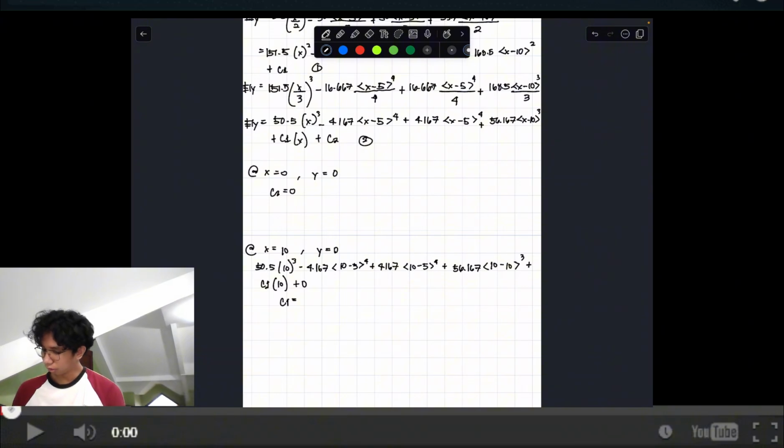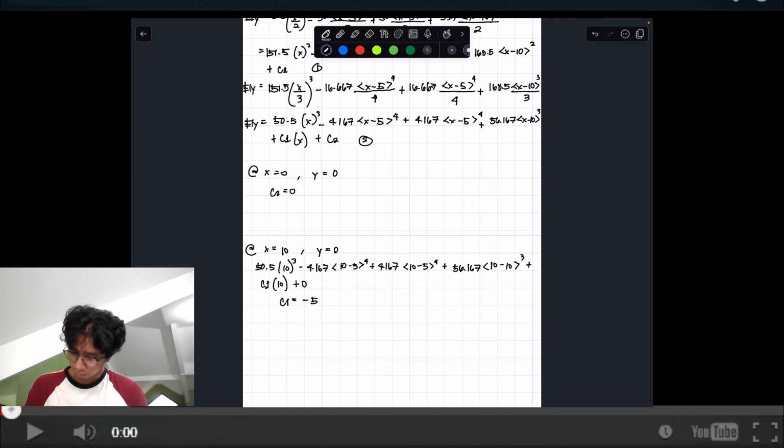Once we've solved, our C1 will be negative 5,050. C1, so C2 natin 0.